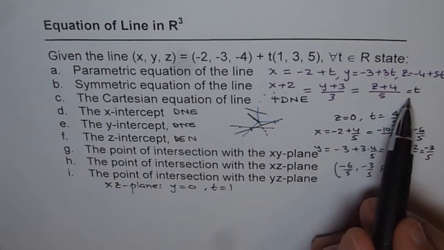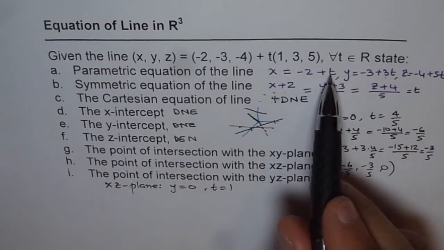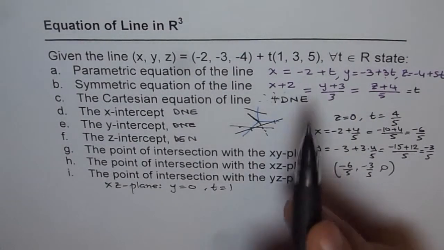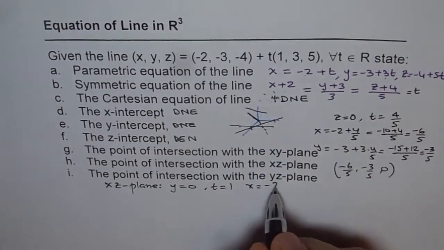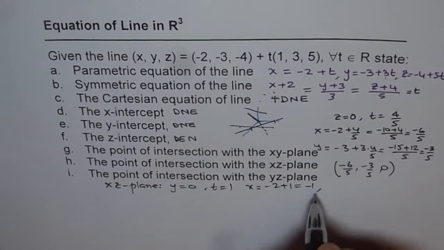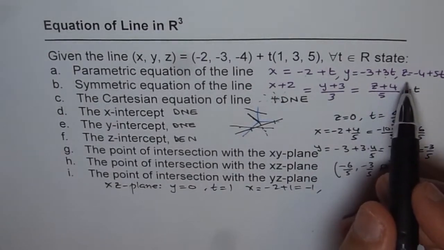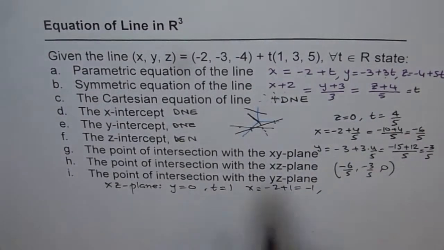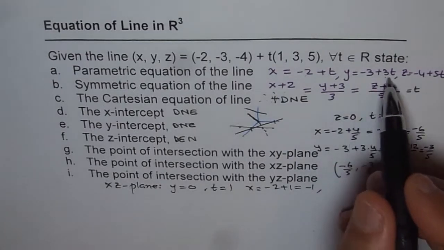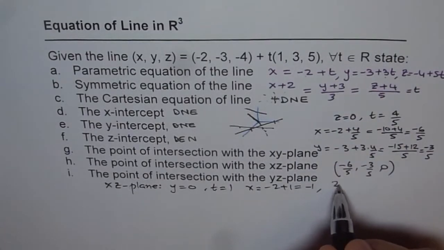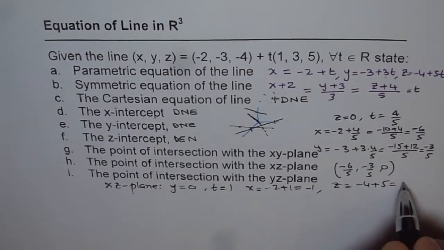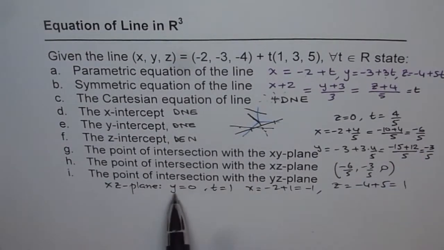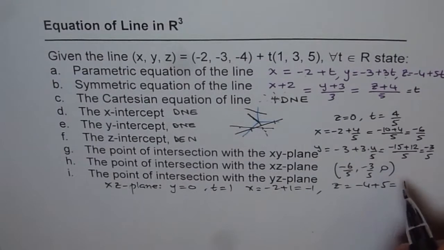Now if I put t as 1 in my equation here, then what do I get? X equals minus 2 plus 1, which is minus 1, and z equals, yeah, we put y equals 0, that's correct, y is 0, and z equals minus 4 plus 5, which is 1. So we had put y equals 0, so we got y, that is correct.